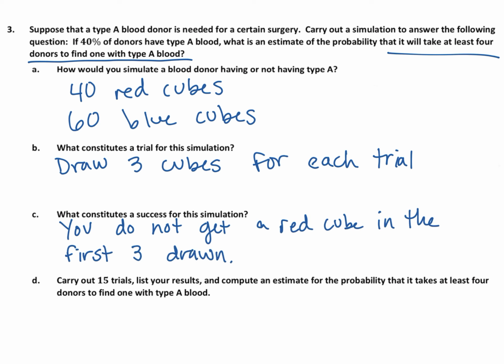the probability that it takes at least 4 donors to find one with type A blood. Create a chart, and then you are going to complete the trial.